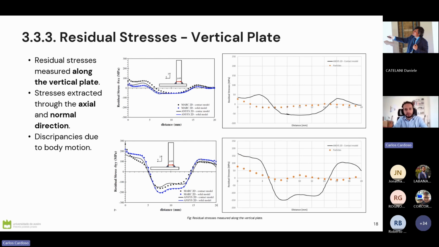For the second measurement, the residual stresses were extracted in the axial direction and in the normal direction along the vertical plate. The results, once again shown by the orange markers, show a poor match to the reference curves with evident local differences. These deviations were then studied, and they likely arise from the movement of the assembly once the first weld bead was completed.